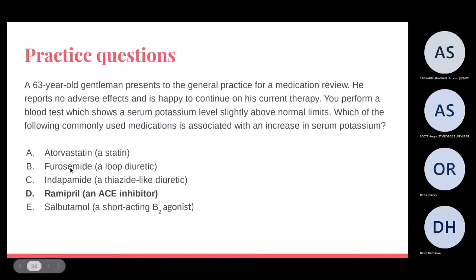Most diuretics in general are associated with low levels of most electrolytes, so they're more associated with hypokalemia. That also goes for indapamide as well. It's more likely to give you a hypokalemic picture. Salbutamol also is associated with hypokalemia because it forces potassium into your cells.